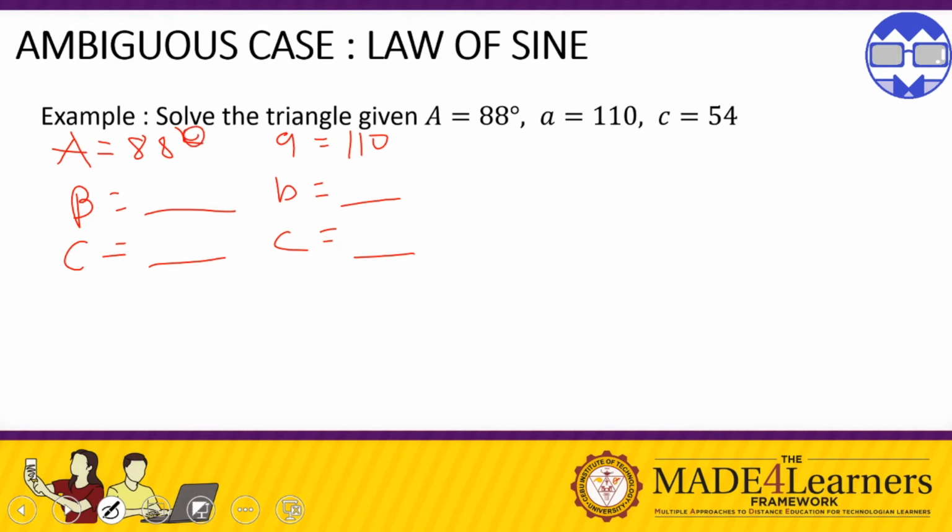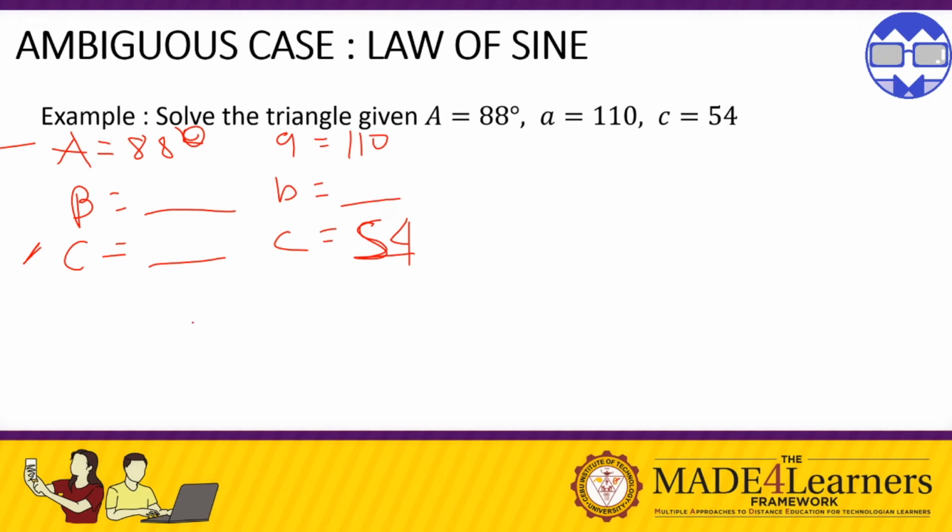Again, this is the law of sines because we have a pairing of angle A and side A. Of course, we can answer angle C first before angle B and side B, because we have a given for C.